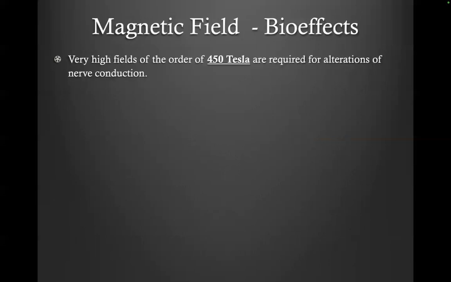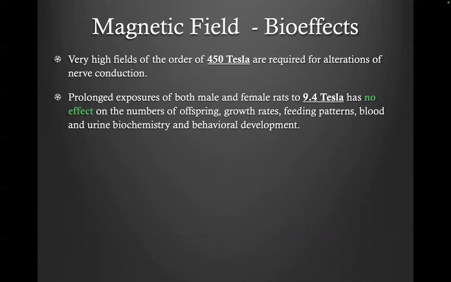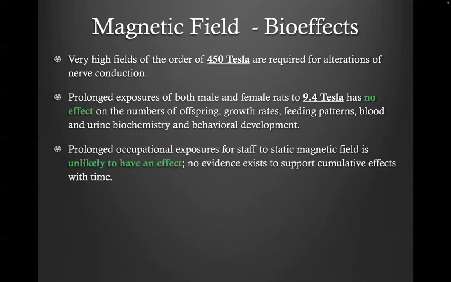A very high field, on the order of 450 Tesla, is actually required for alteration of nerve conduction. There's also a study that showed that prolonged exposure of both male and female rats to 9.4 Tesla has no effect on number of offspring, growth rate, feeding patterns, blood and urine biochemistry, or behavioral development.